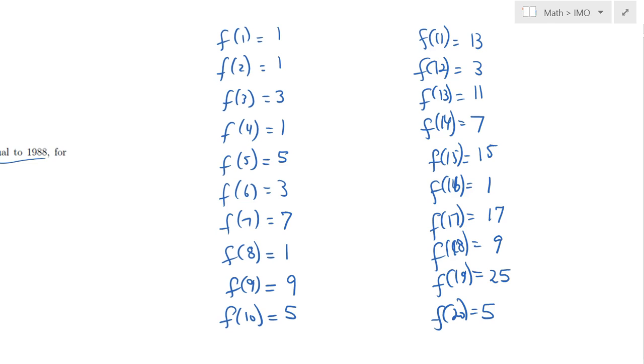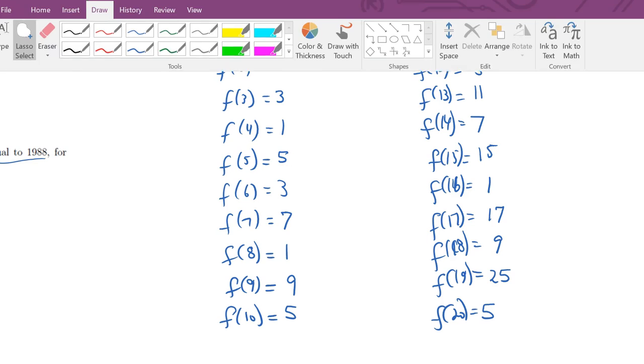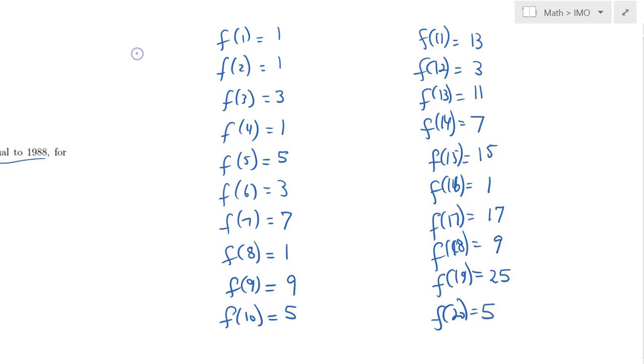So let's rewrite all these numbers in binary form, in base 2. So therefore this one remains, this one remains, this one would be equal to 11, this one is still 1. Well, let's just come up with a new column here.